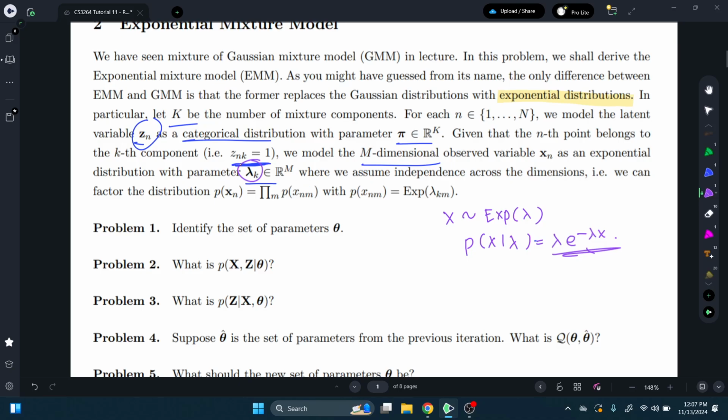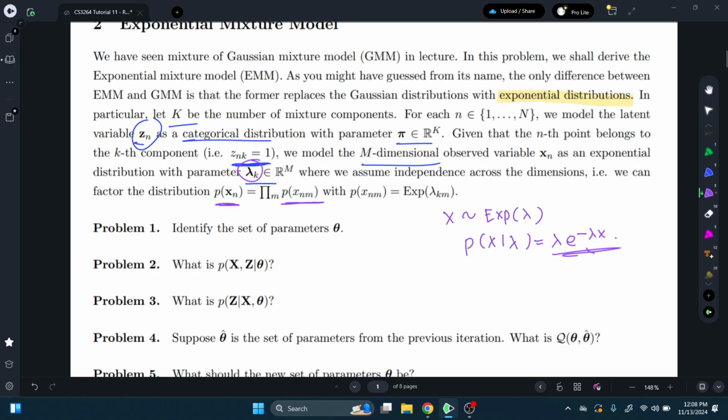So if we want to find the probability of a certain x_n, note that this x_n is a vector, I want to determine the probability of x_nm for every single component of x_n, and multiply them. Okay, so that is how we model here.